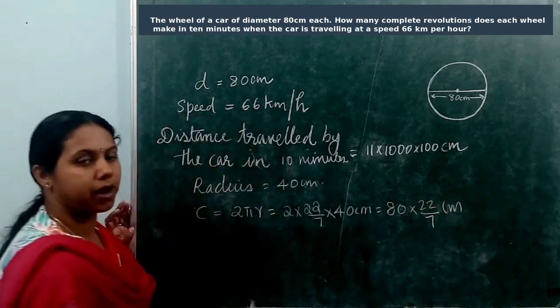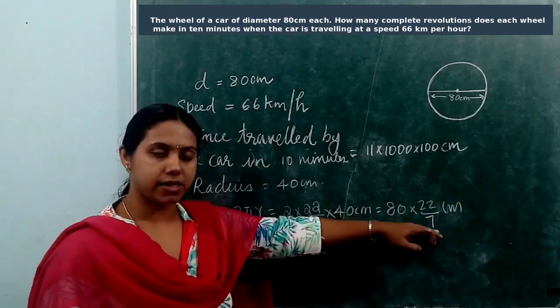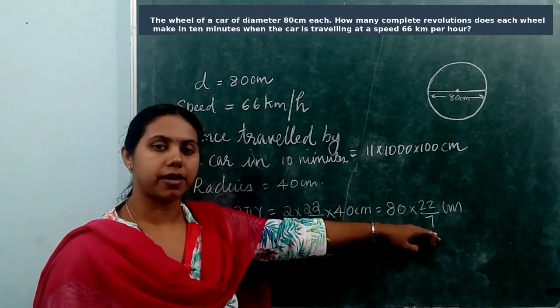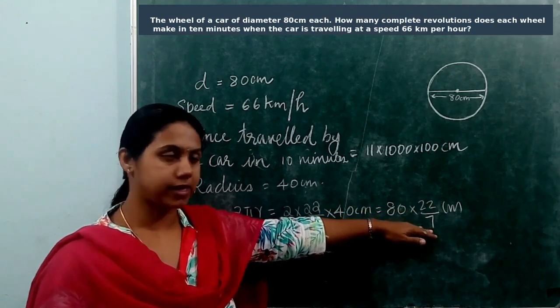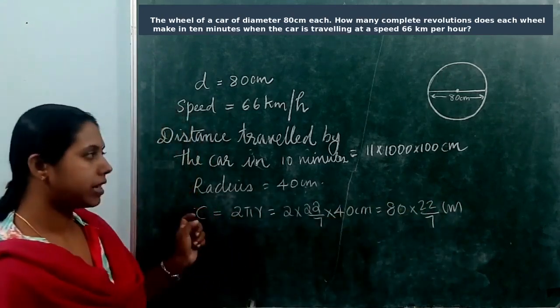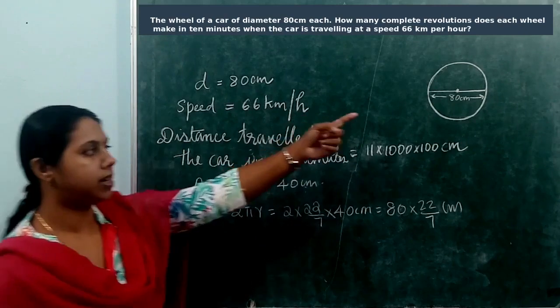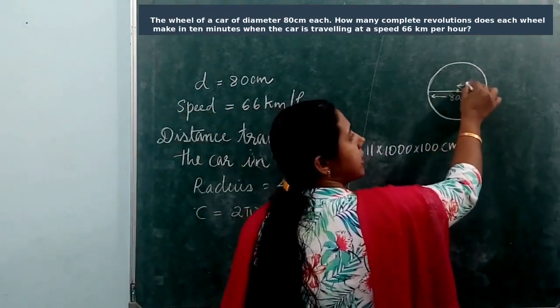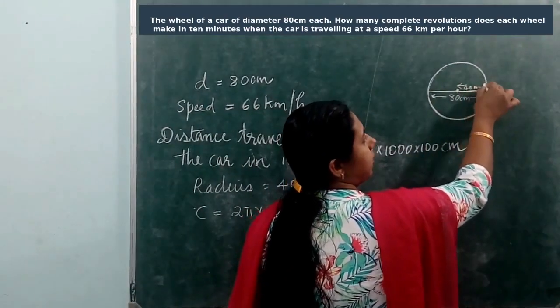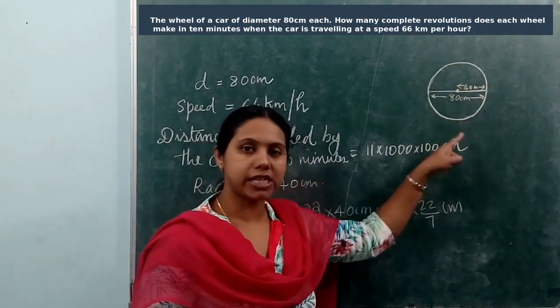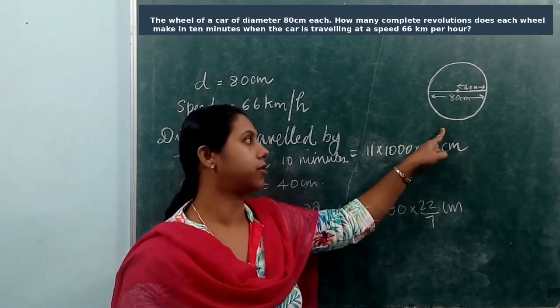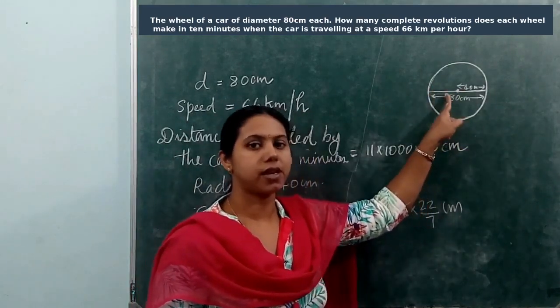You don't need to multiply now. In the last step we can multiply. You can use the cutting method. So making our calculation a little easier, keep it like this itself. I'll repeat once more. The radius of the wheel is equal to 40 centimeter and the distance moved by a rotating wheel in one revolution is equal to the circumference of the wheel.